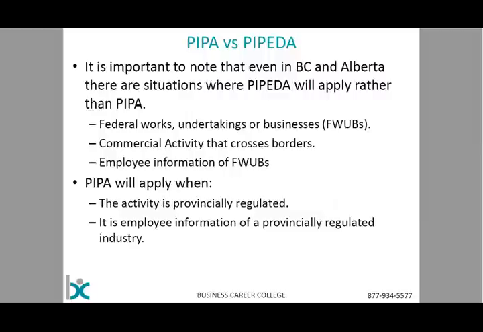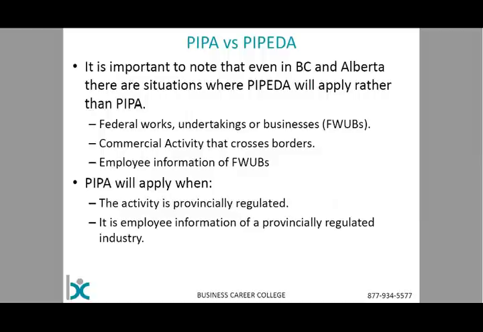So some examples of federal works, undertakings, or businesses would be banks, radio and television stations, interprovincial trucking companies, airports, shipping companies that are shipping by water, and then telecommunication companies like internet service providers.